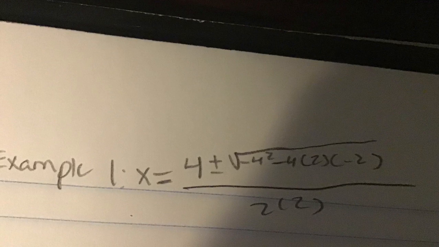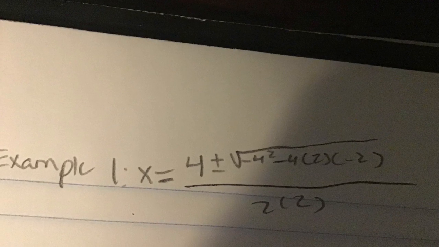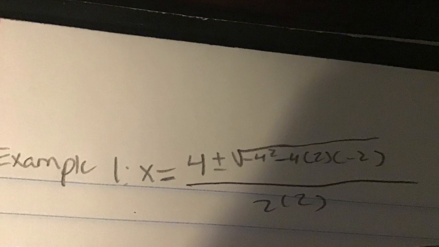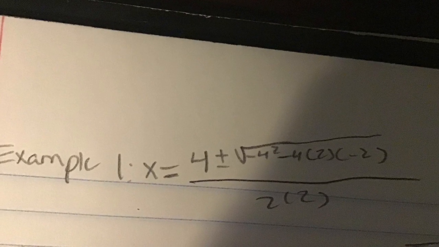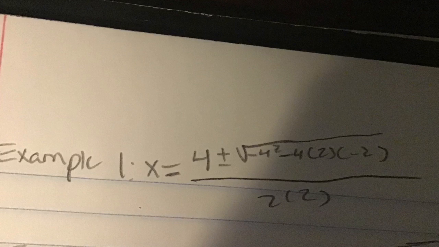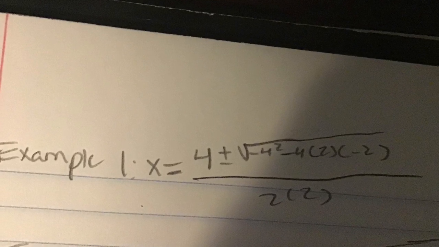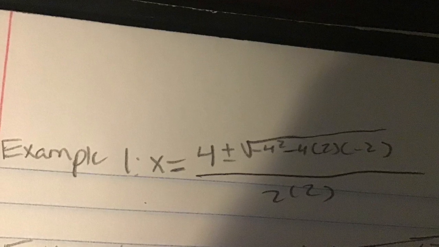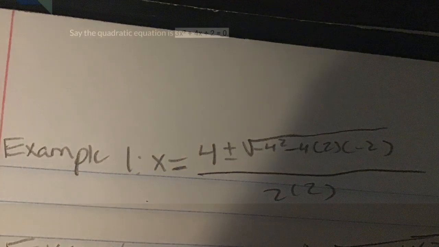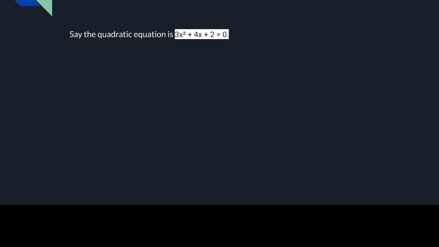So we already have the 4 there, so then we have to put the a and c. So both a and c, one is 2 and the other is negative 2. And we're just going to put those in parentheses for this problem because I'm just showing you how to plug it all in. And then you throw all of that over 2a, and a again is 2, so 2(2). Alright, not too difficult, just plugging in numbers.